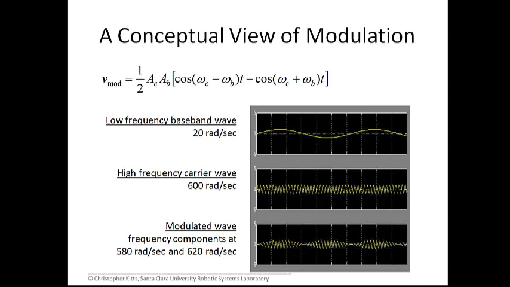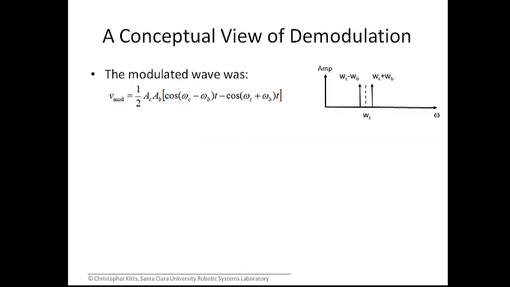When I multiply them together, you can see that that wave is conveying the information of the baseband by changing the amplitude of the high frequency carrier wave. So that's kind of an interesting way of thinking about it. And the component frequencies in that modulated wave are actually at 580 radians per second and 620 radians per second.